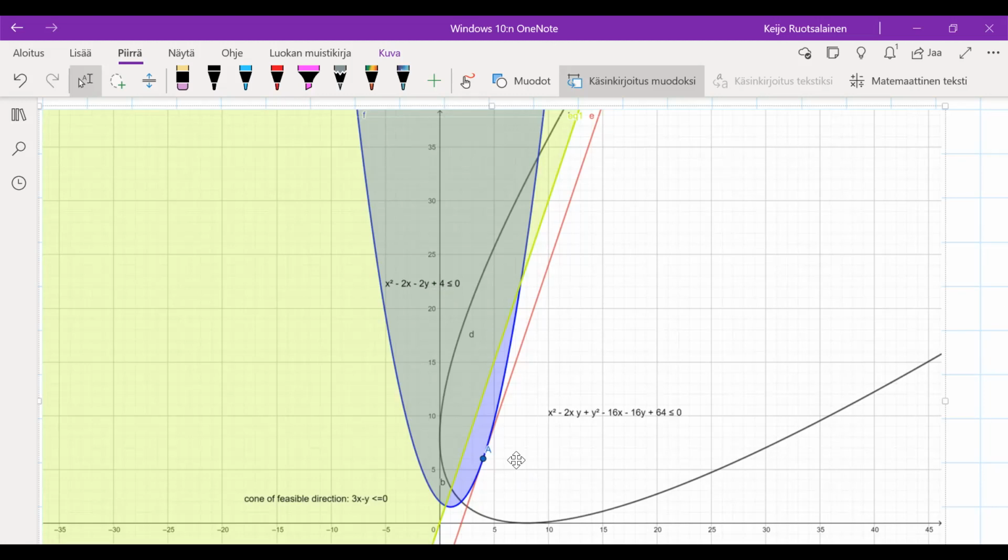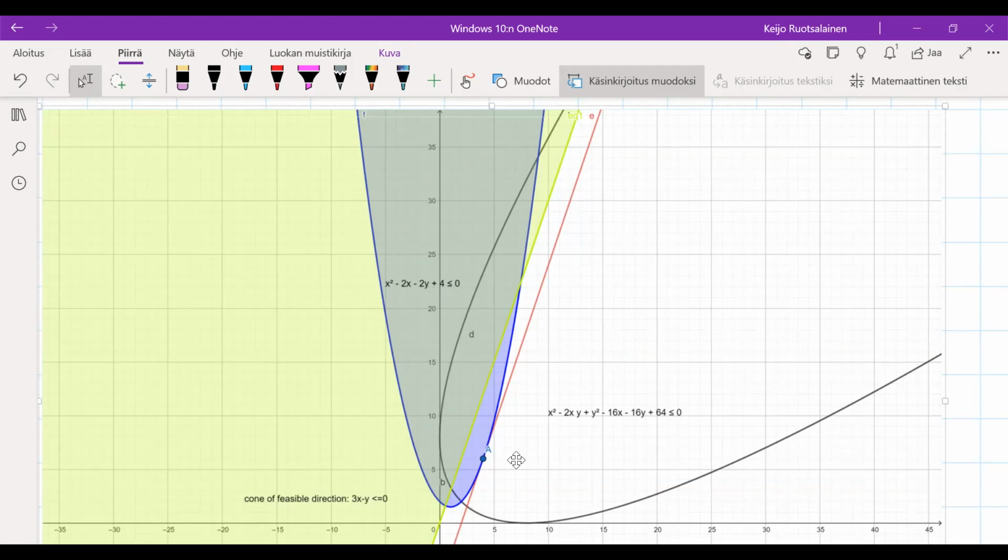Then you can check that it is also inside the other boundary. So this constraint is inactive. If I want to find the cone of feasible directions, I draw the tangent line, because all the points on the boundary are now regular. It's a regular point of the parabola.